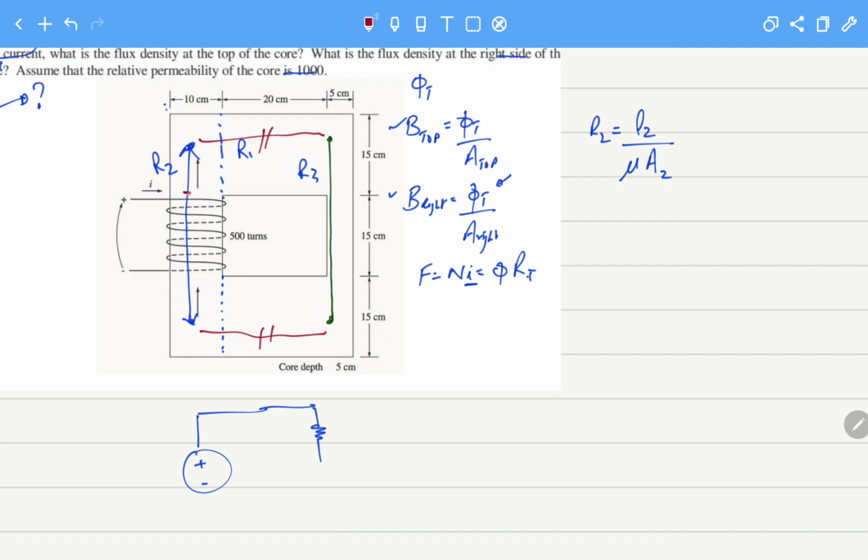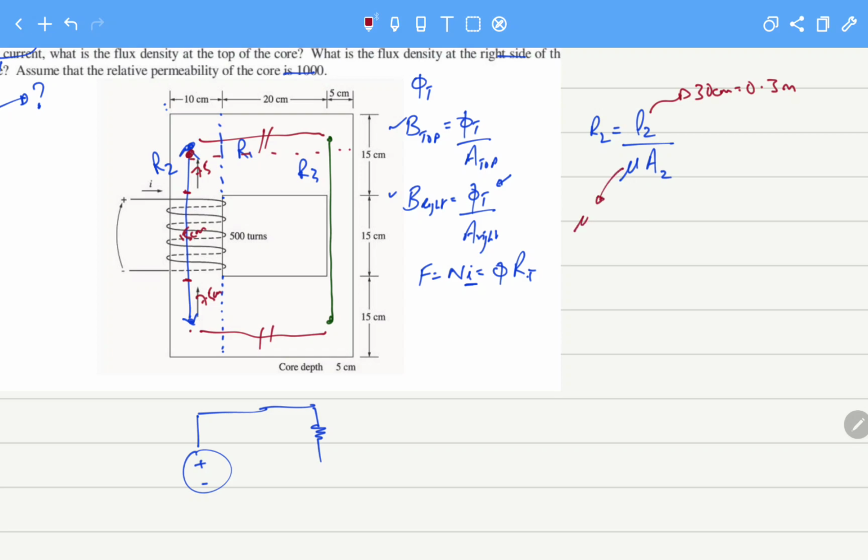From here to here it is 15 centimeter, and from here to this side is 7.5, and similarly from here to here it is 7.5 centimeter. So the length of L2 will be 30 centimeter, that is 0.3 meters.